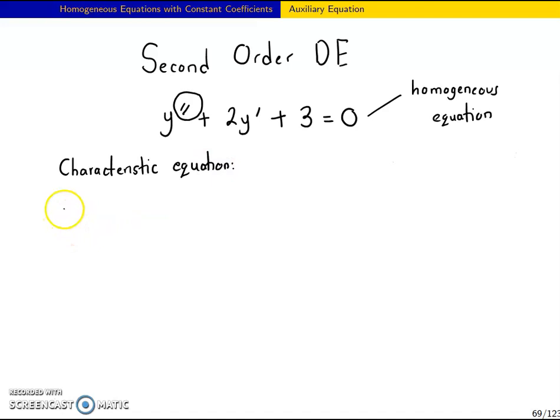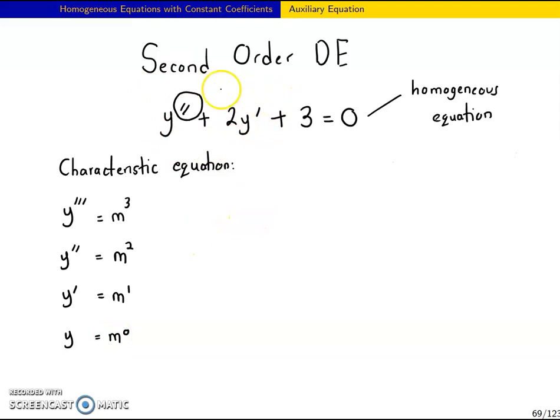So I can now write the third derivative as m to the power 3, the second derivative as m to the power 2, the first derivative as m to the power 1, and no derivative, which is m to the power 0. You see that the power decreases.